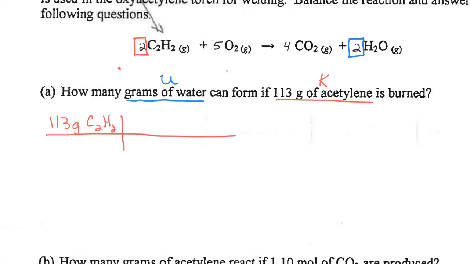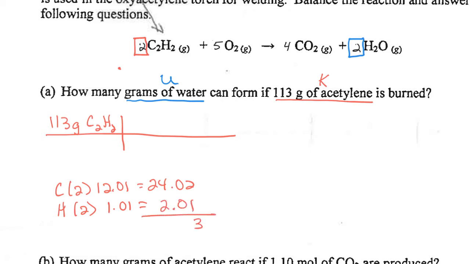Starting with grams, so I'm going to need to calculate the molar mass. So I've got 2 carbon atoms, each one weighs 12.01. I've got 2 hydrogen atoms, each one weighs 1.01. Going to multiply those, which is going to give me 24.02. Multiply 2 times 1.01, you're going to get 2.02. Add that all up, and we've got 26.04.